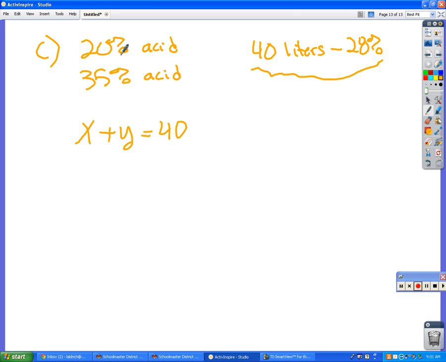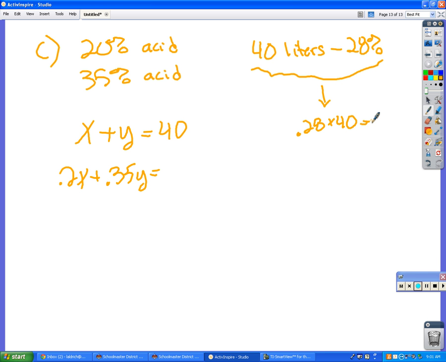Now 20% acid, 20% as a decimal is 0.2. So I need 0.2x plus 35% acid as a decimal is 0.35y. And that's going to equal the amount of acid that we're going to have in the total solution. So what is 0.28 times 40?